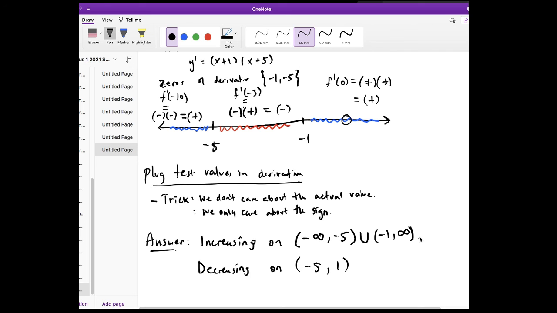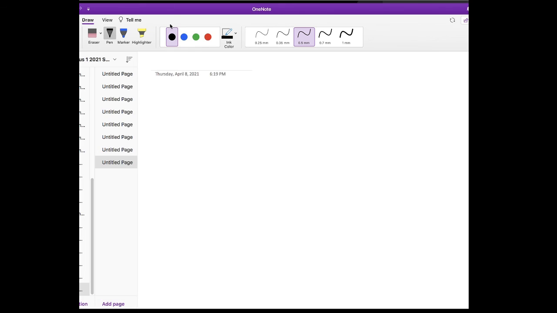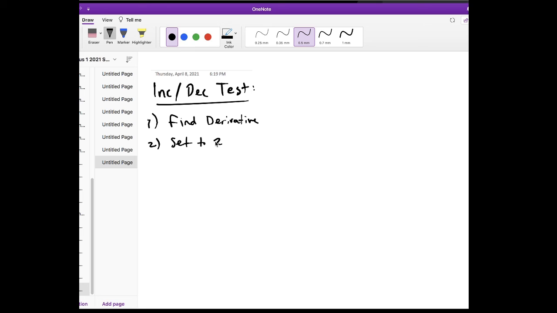Okay, so let's boil it down. The increasing or decreasing test: find the derivative, set it to 0, or find where it doesn't exist.